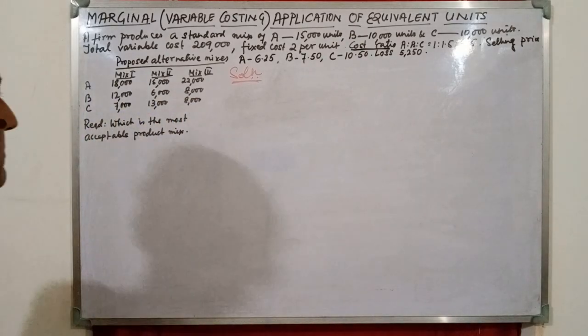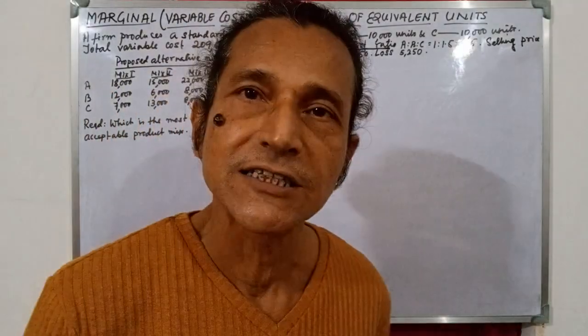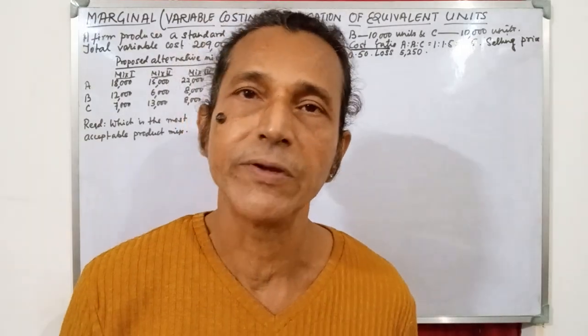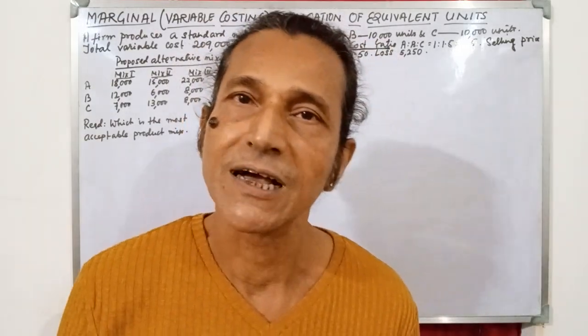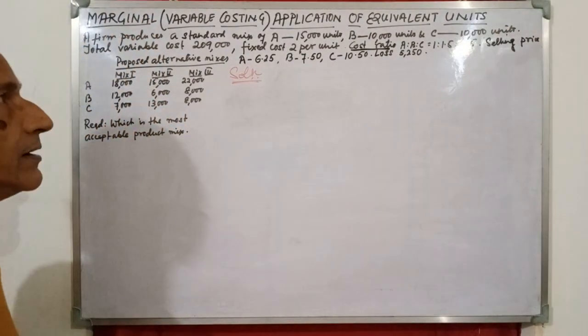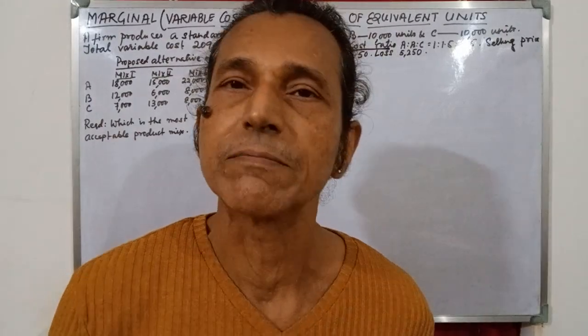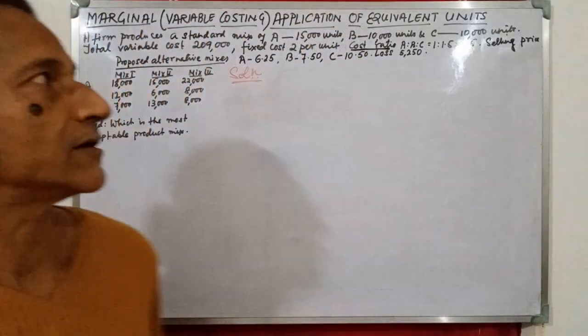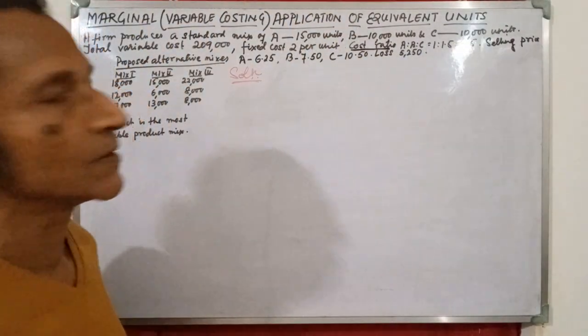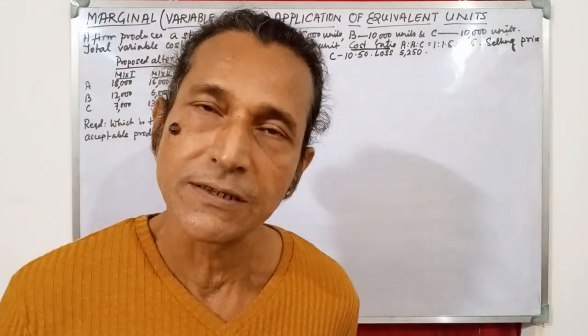Now what is required? We have to find out which is the most acceptable product mix. That means which product mix gives the company the maximum profit. Now when you are going to solve these type of problems where the cost ratio is given, we have to find out the standard product mix in terms of one product.